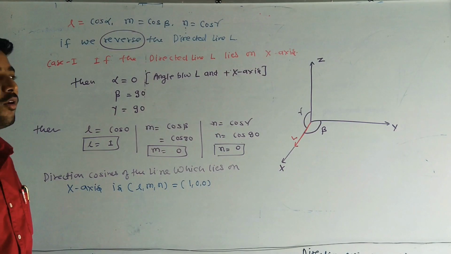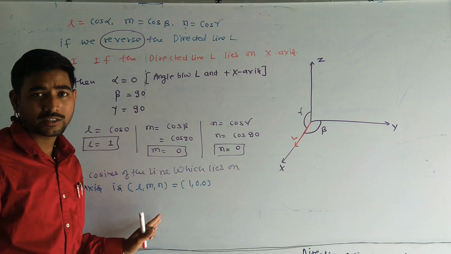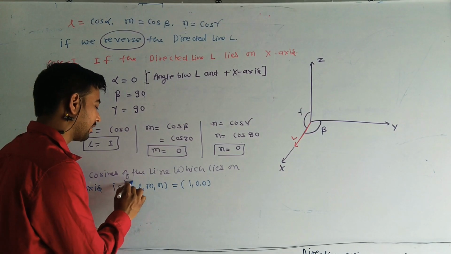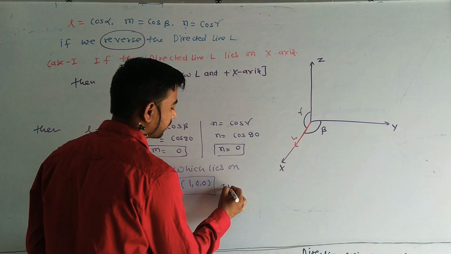This one is a very important topic and it will be important for your exam. And the 1-mark question is asked many times like this. This one is important for the 1-mark question.